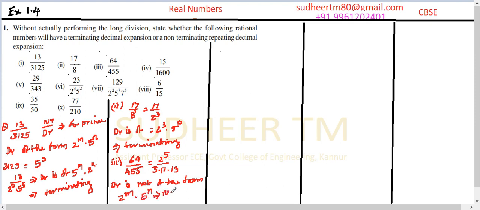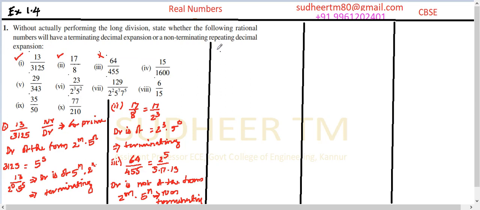Therefore this number is non-terminating. The first is terminating, second one terminating, and this third is non-terminating.